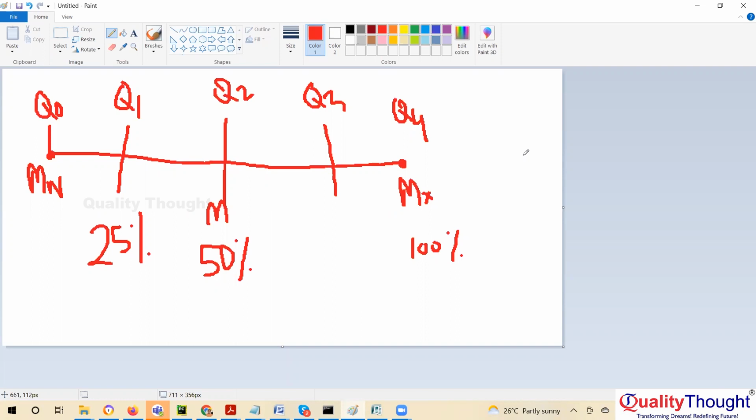99 percentile means 99% of people are below you. So what's your rank if there are 10 lakh people? 100% means top, sir. I asked you 99. Answer me 99 only. See the question properly.